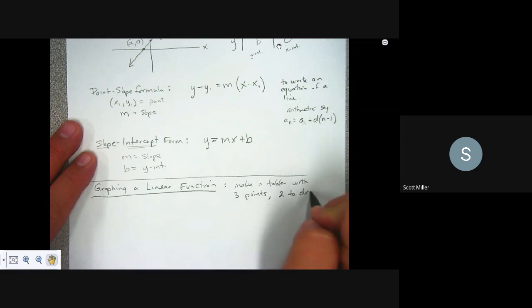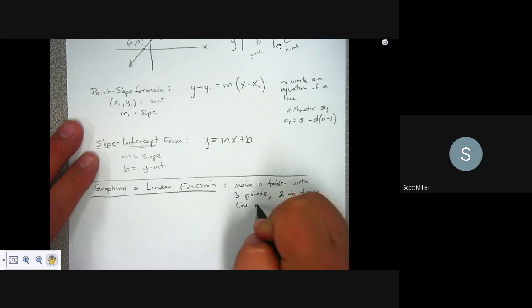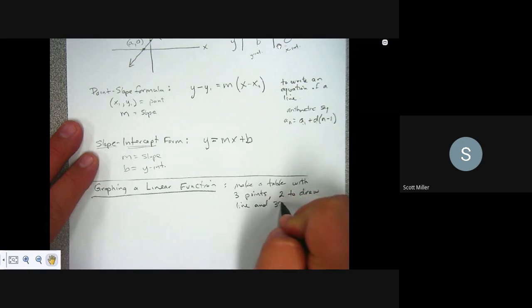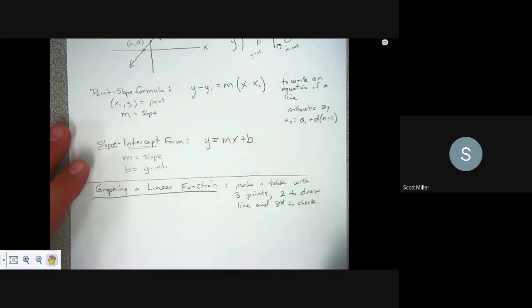Two to draw the line, and the third to check. If all 3 points line up, you know you got it right. If 1 point doesn't line up, you got something wrong. Stop, go back, reevaluate your points, and make sure you have them done correctly. This is why we make a table.